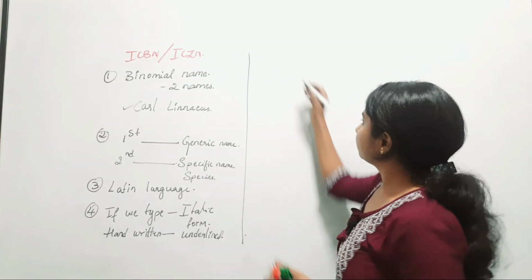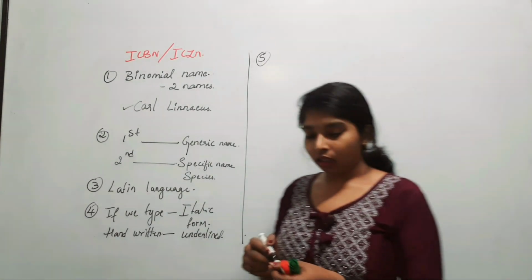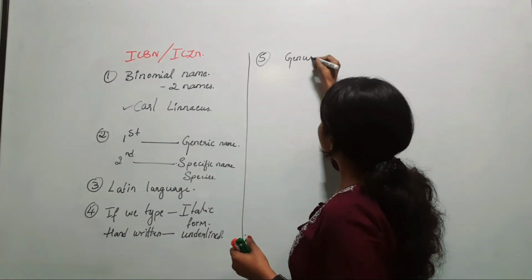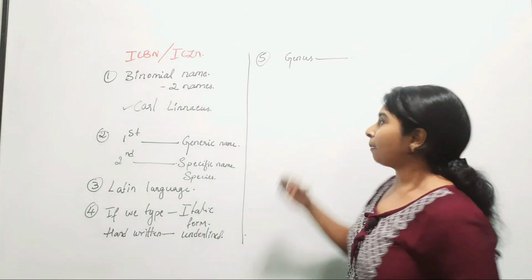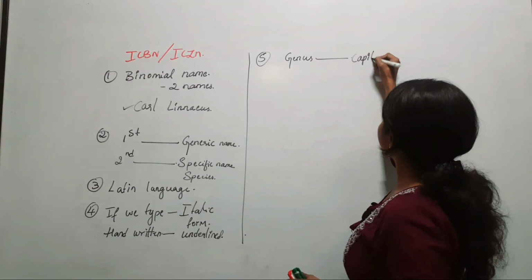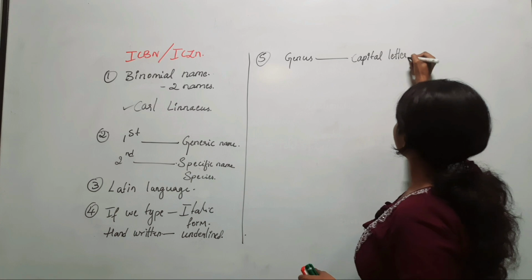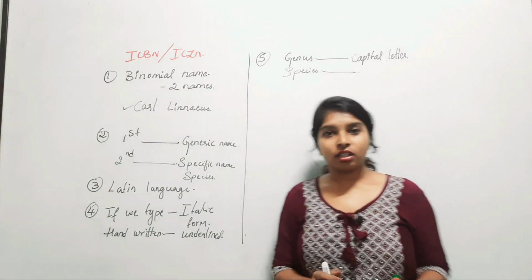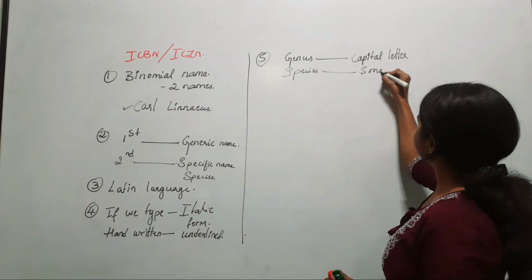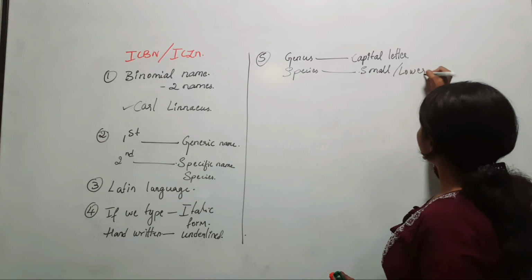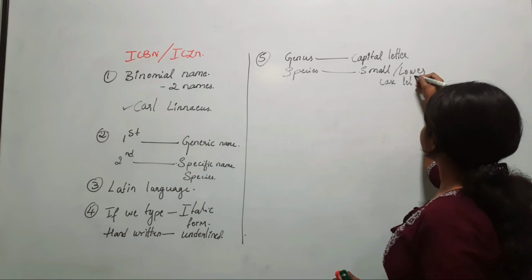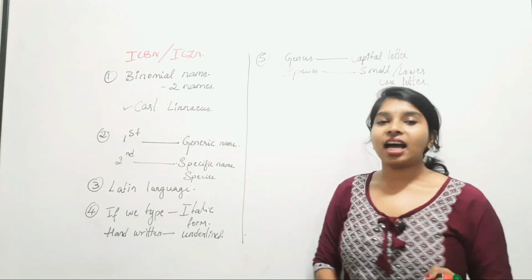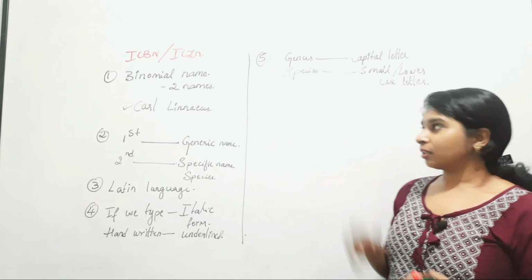The fifth principle is that the first name, the genus name, always starts with a capital letter, and the species name always starts with a small or lowercase letter. So these are the principles given by ICBN and ICZN.